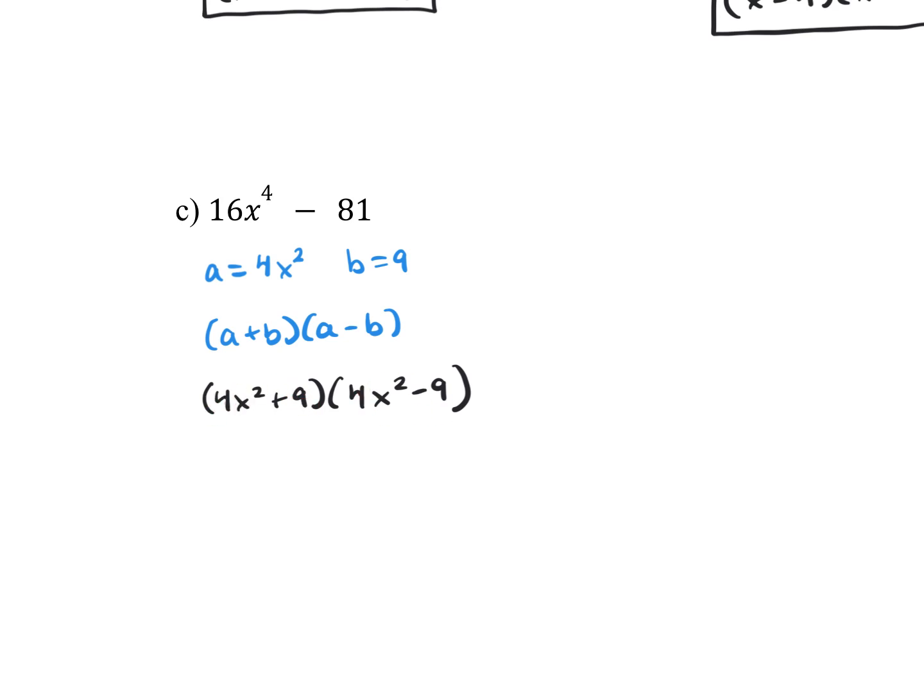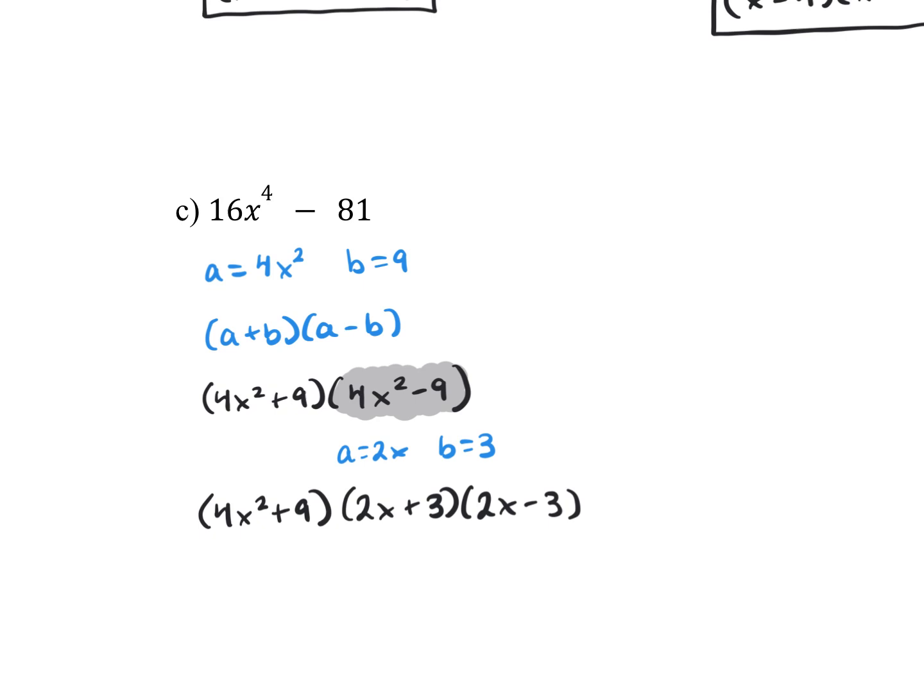But here, I can actually factor again using another round of difference of two squares. And here my a value is just 2x. My b value is 3. So we have 4x squared plus 9, our original factor. Then we have 2x plus 3 times 2x minus 3. So again, this is a different type of quadratic type equation.